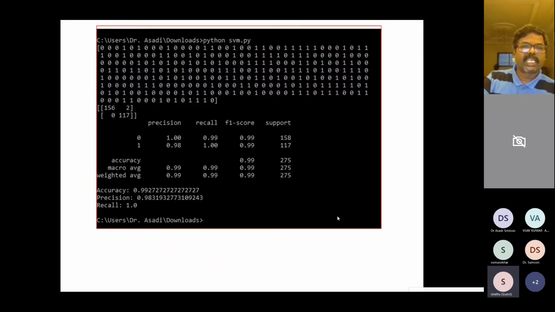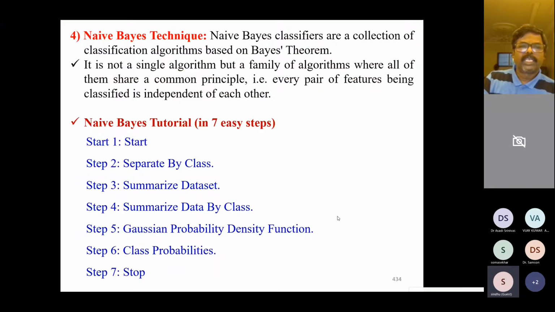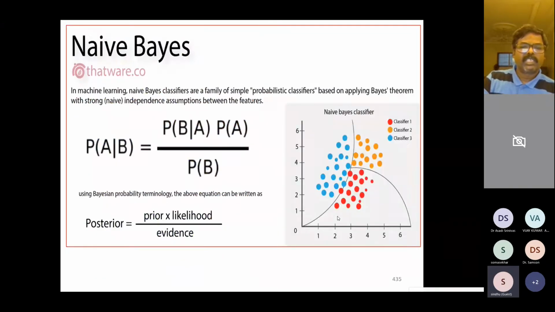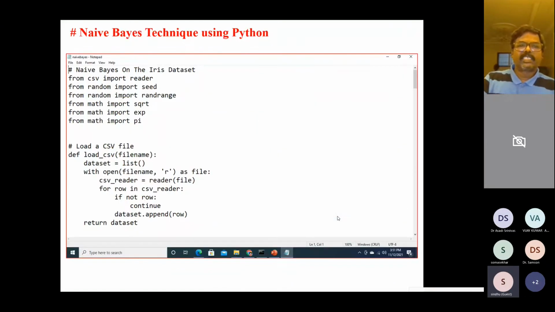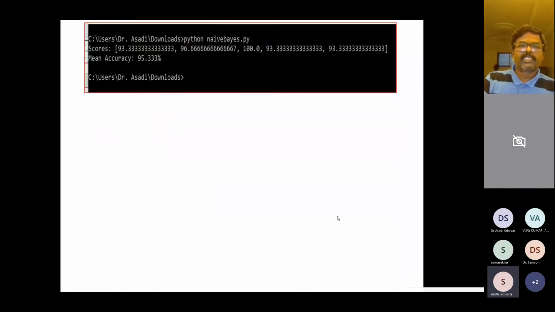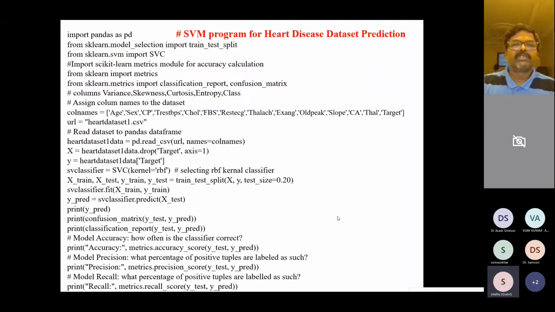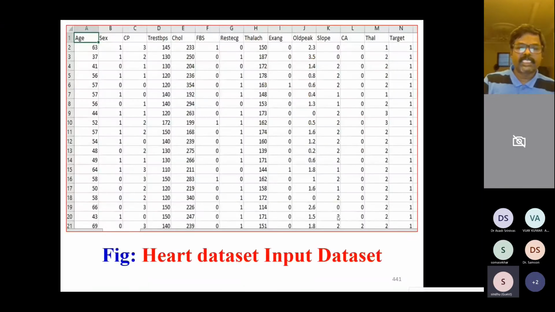Naive Bayes classification I have executed for you. With sklearn and the Naive Bayes technique, it gives a result of 95 point. Support vector machine program for heart disease prediction: this is the heart data input data set, and this is the output.